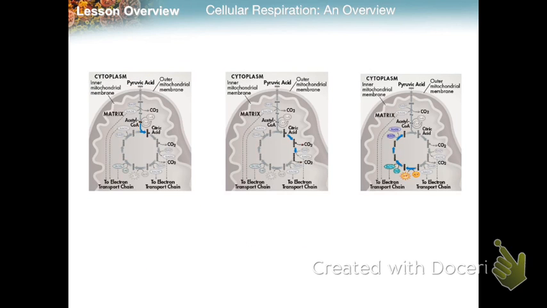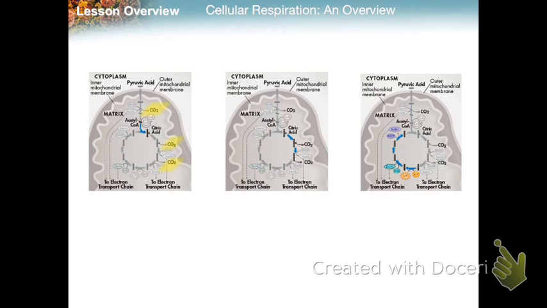Now if we take a look at what's going on here, we're moving around the Krebs cycle in this direction. Just some highlights here. Here we see where our carbon dioxide is being produced. Here we see carbon dioxide here as well.